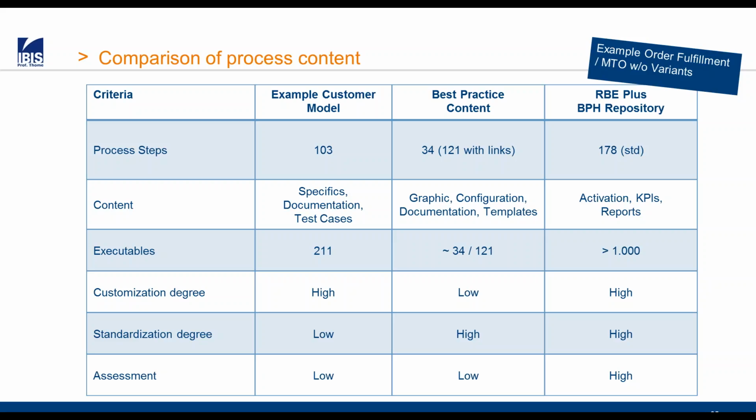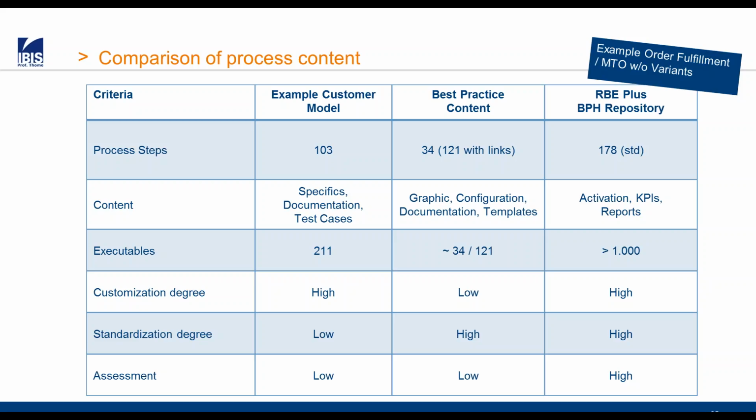In the left column you can see a sample customer model we have seen with all the specifics and documentations already attached. And on the right side you can see something we call the RB Plus BPH repository, which is a template of our own, which more or less evolved out of the BPR, which we developed over the years.